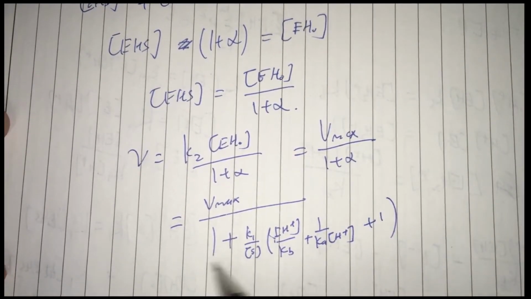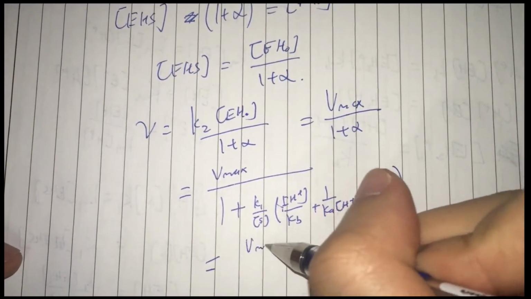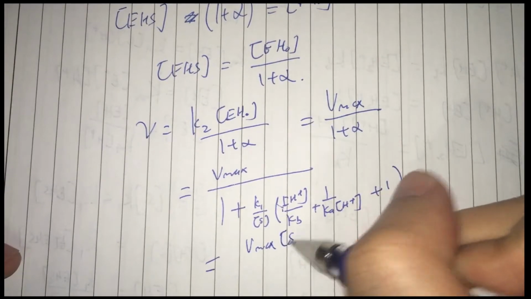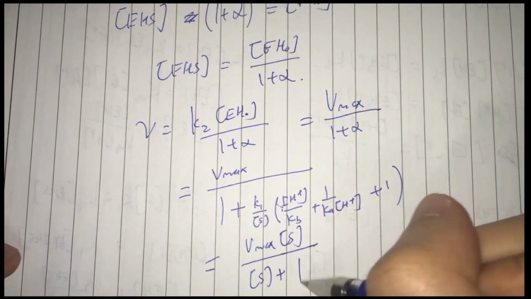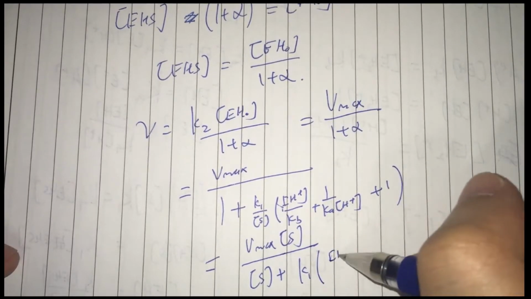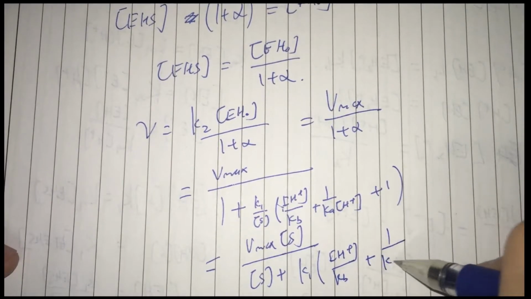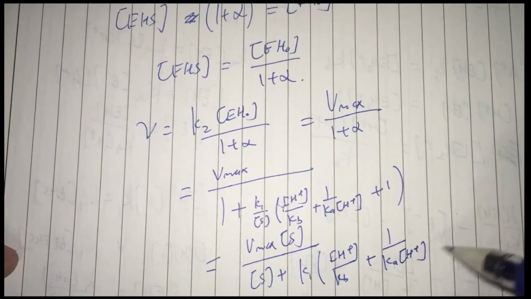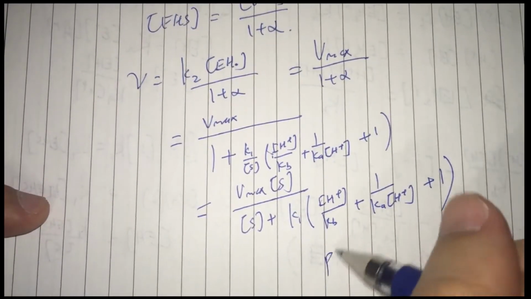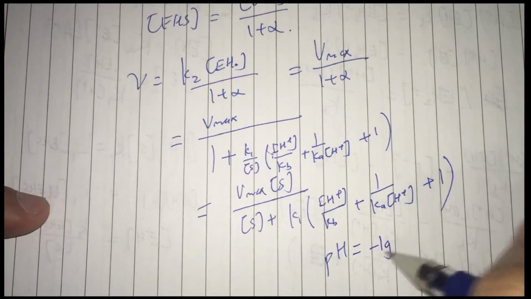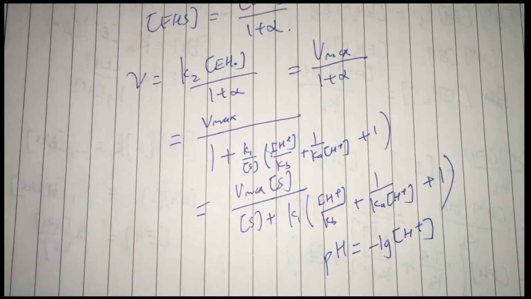So I'm going to multiply S to the top and bottom. Then you have this pH term here. And there you go. If you don't remember what pH is, it's just minus log of H plus. And you can substitute that in and out.